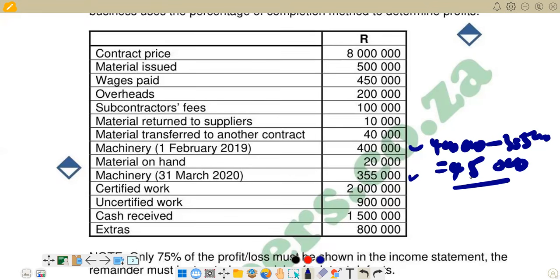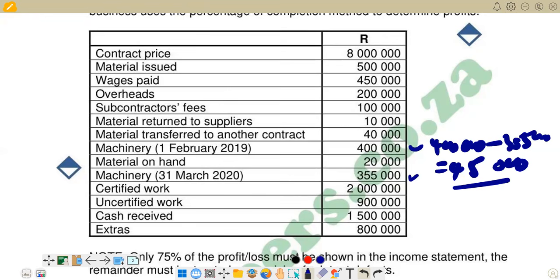That's another option. You just enter 45,000 as a depreciation cost on the debit side. So here we are just going to use the first option. That is, we enter the value of the non-current asset, which is machinery at the beginning, 400,000 on the debit side. Then we are going to enter the one at the end on the credit side.